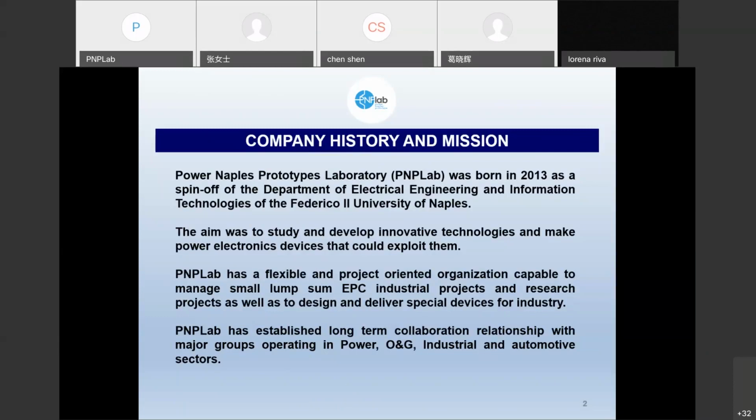The aim of the company was to study and develop innovative technologies and make power electronics devices that could exploit them. PMP Lab is a flexible and project-oriented organization capable of managing small lump sum EPC industrial projects and research projects, as well as designing and delivering special devices for industry.